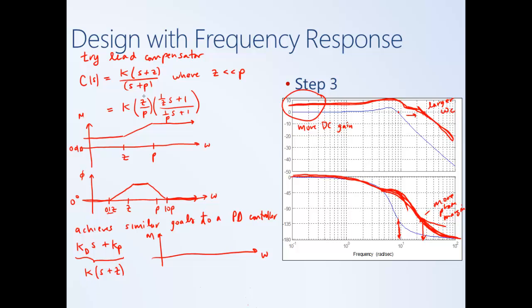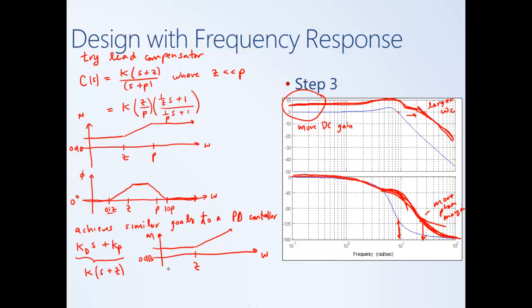Here it's just K, up here it was K times Z divided by P. And we would want that to be greater than 1, to be above 0 dBs to help the DC gain. And then we have a 0 that comes in, and then the slope starts going up at 20 dBs per decade. But there's no pole, so it never stops going up. So it continues to slope up and goes to higher and higher magnitudes as frequency gets larger.